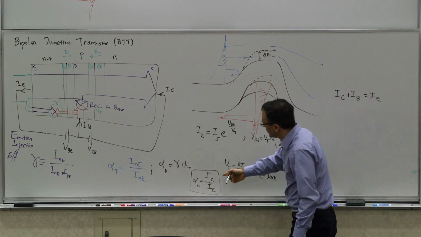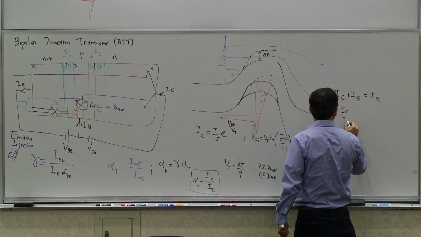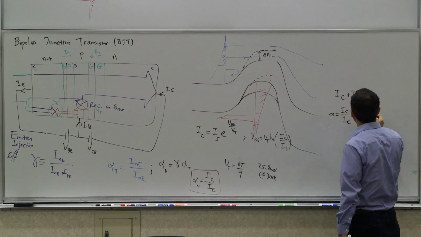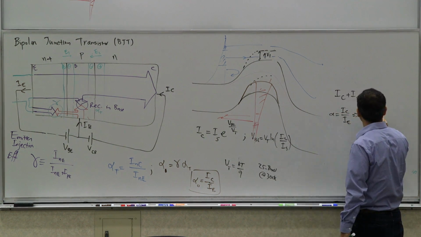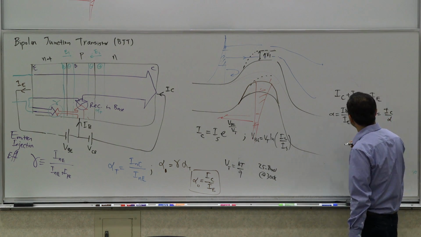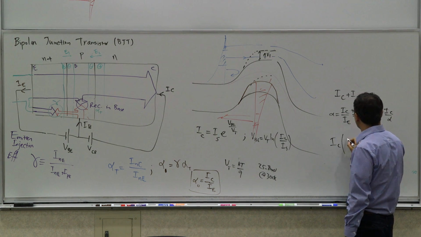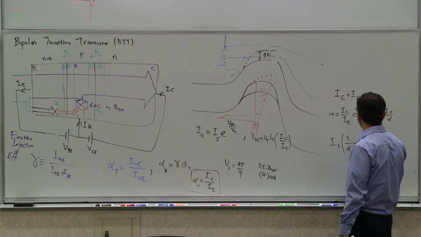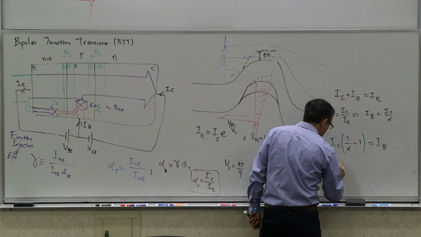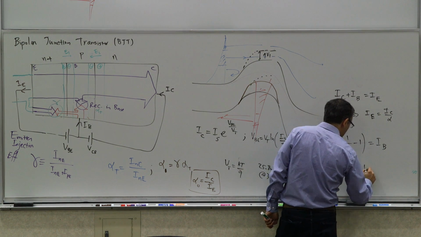And then the other thing that we know is that we have IC over IE defined as alpha. Therefore, IE is IC over alpha. And if you plug it into this, you get IC times 1 over alpha minus 1 is equal to IB. Or in other words, IC times (1 minus alpha) over alpha equals IB.